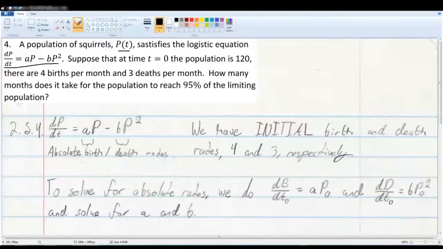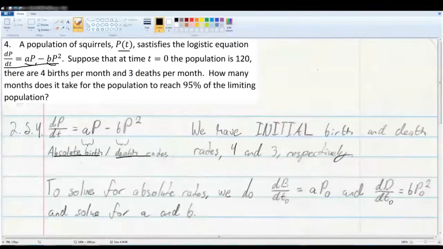This is a standard logistic equation where A times P is the absolute birth rate, and B times P squared is the absolute death rate. And of course, dP over dt is the overall rate of growth or decline.